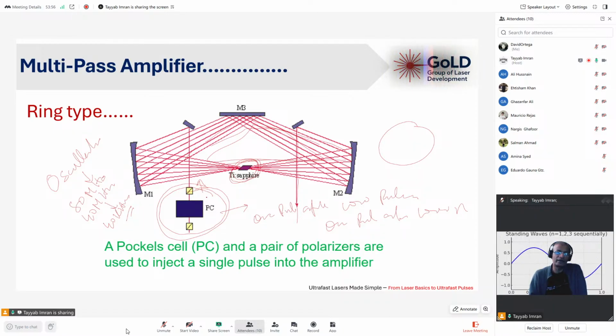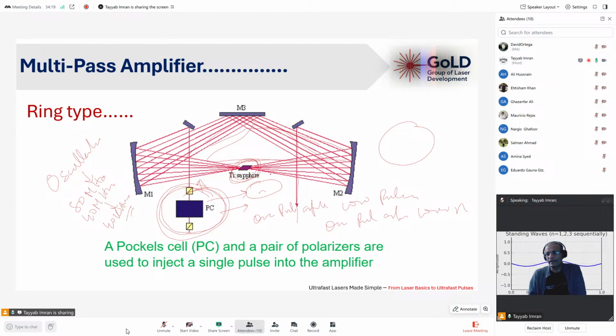So that is why this Pockels cell is used, and it has a controller outside the box. If you remember, I taught about this Pockels cell and its length and these kind of things in the previous lectures. So this Pockels cell selects the pulses.